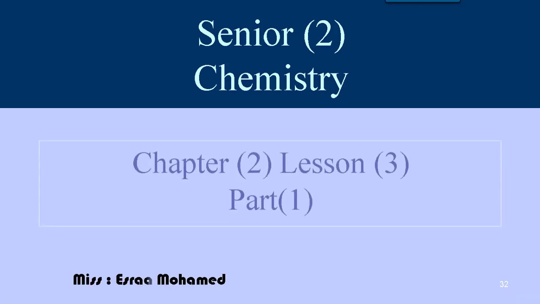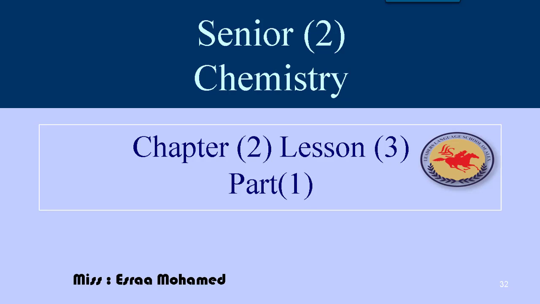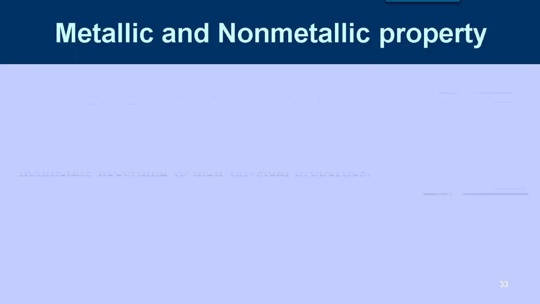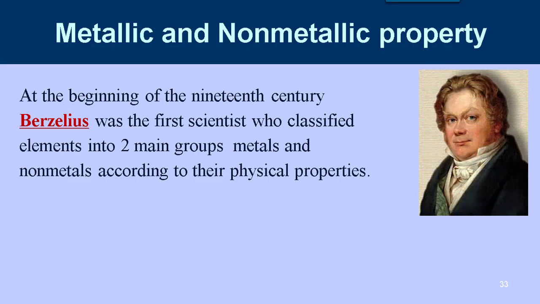We're still in Chapter 2, Lesson 3, Part 1, Metallic and Non-Metallic Property. At the beginning of the 19th century, a scientist called Berzelius was the first scientist who classified elements into two main groups, which are metals and non-metals, and he classified them according to their physical properties.